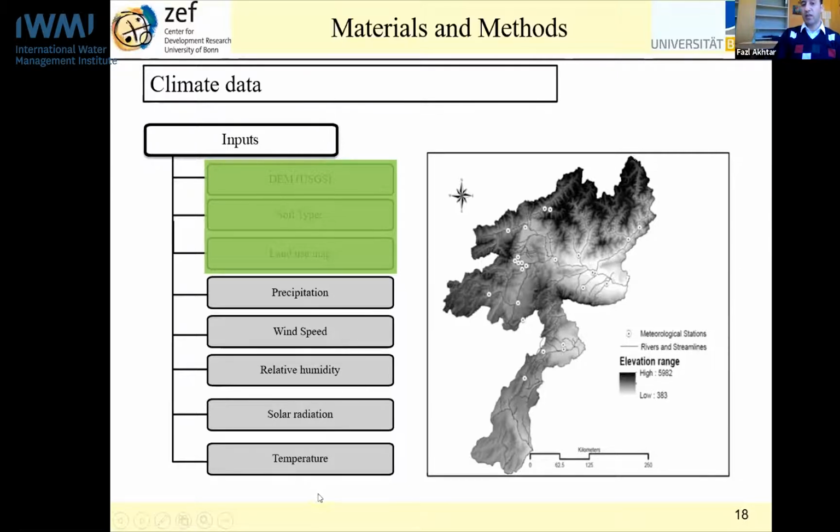Among them, precipitation and temperature were collected from the stations installed by the relevant authorities, the Ministry of Agriculture and the Ministry of Energy and Water. The remaining parameters, which we unfortunately don't have embedded in the pre-existing station system, we incorporated using the Climate Forecast System Reanalysis data sets.